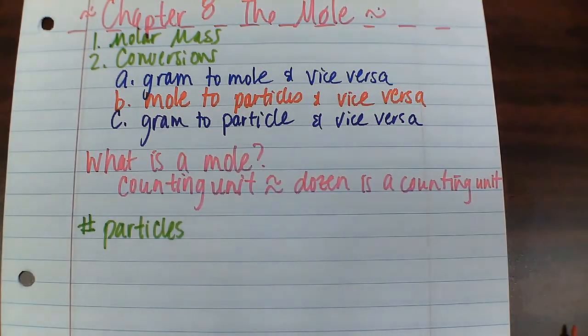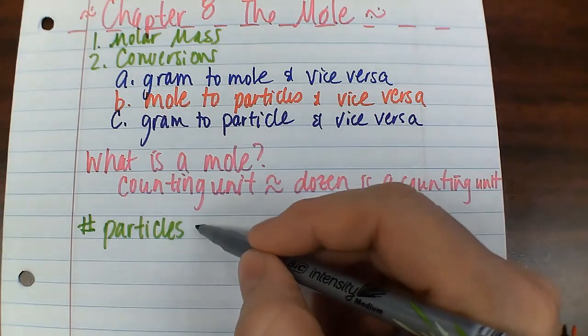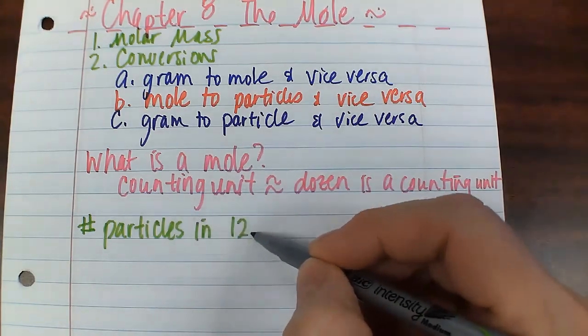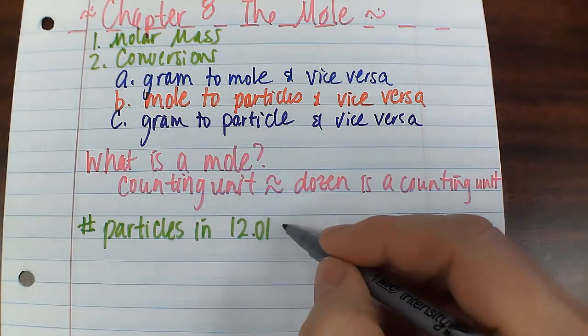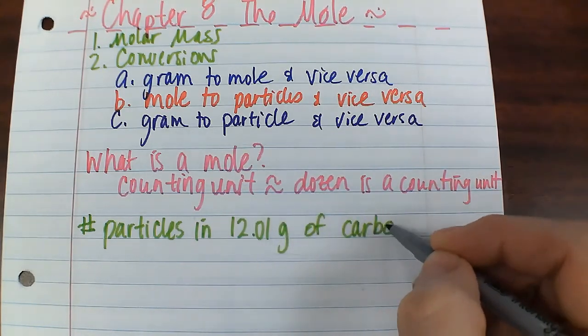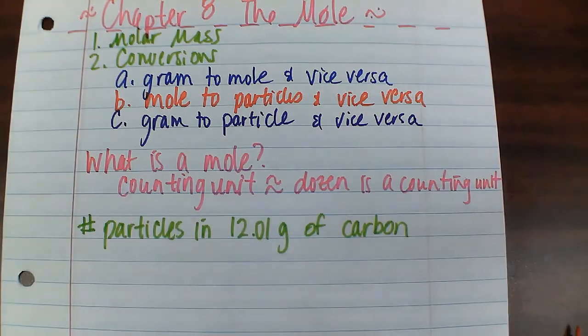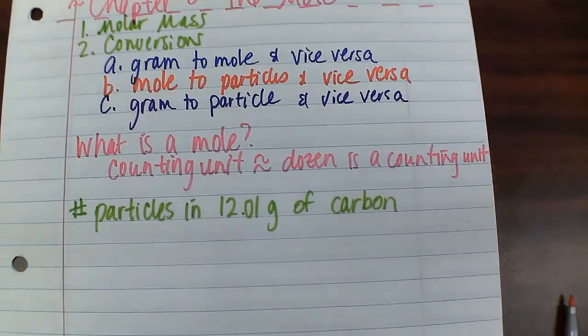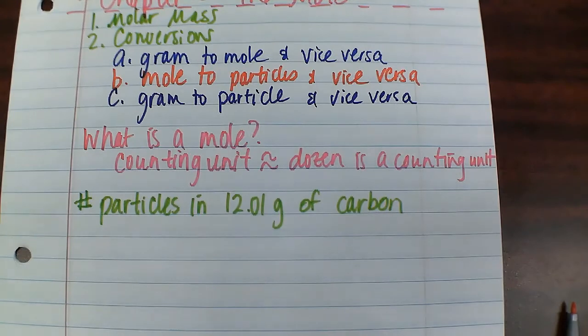Okay. So it is the number of particles, this is our definition, in 12.01 grams of carbon. And so we would normally take some time to go through this and to talk about how the carbon-12 isotope has 6 protons and 6 neutrons, and we use that to figure this out.